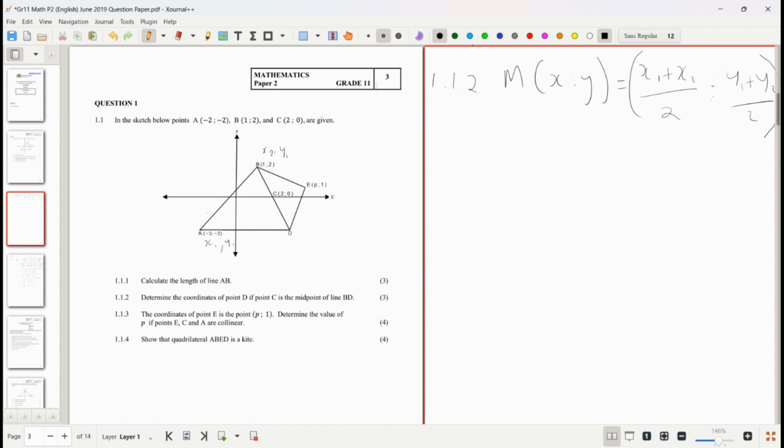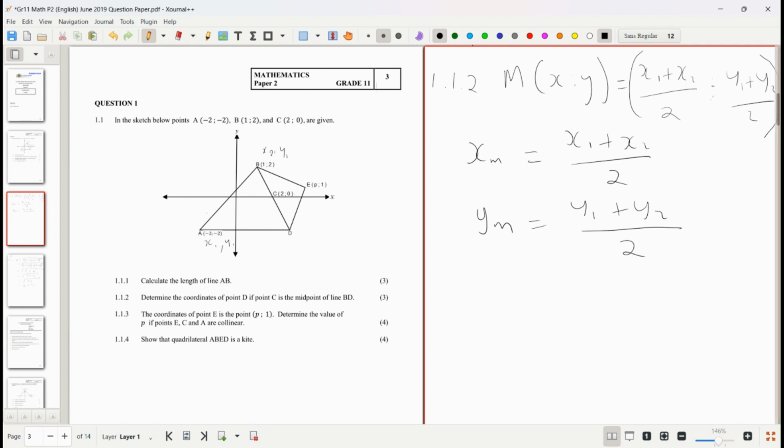So we know that the x coordinate of the midpoint, xm, will equal x1 plus x2 all divided by 2, and ym will equal y1 plus y2 divided by 2.